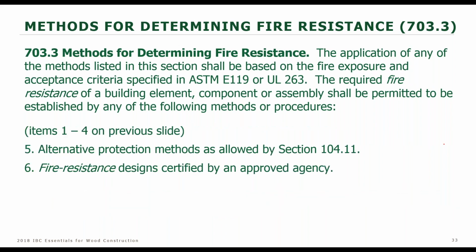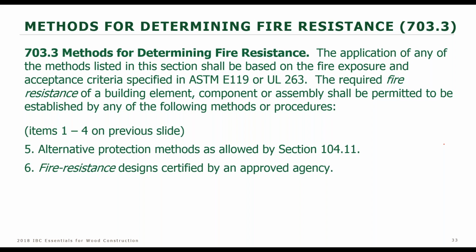And then to continue, alternative protection methods, that is, a code official would allow alternative materials and methods under 104.11, and fire resistance design certified by an approved agency. So there are multiple alternatives here. They are all based on a primary requirement for testing back in 703.2. Does not require that every element or assembly be individually tested. You have lots of resources here.